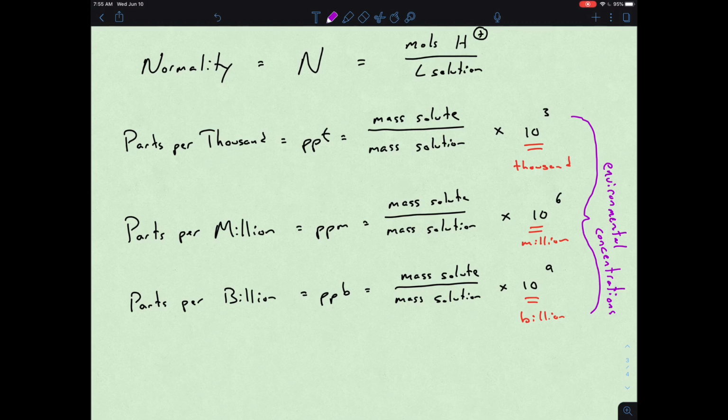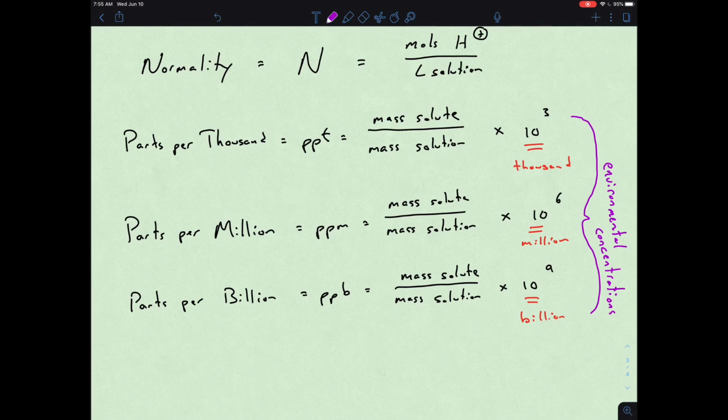So those are all the units that we have for the chapter dealing with solutions. As I said, we're going to see these other ones such as PPTs and PPBs, but we're really focusing in on mass percent, volume percent, molarity, and molality.